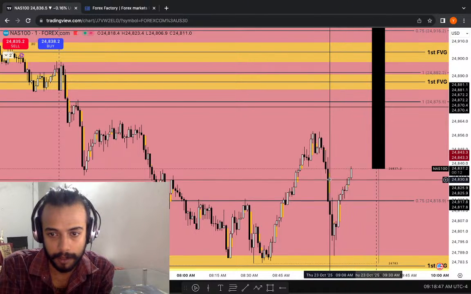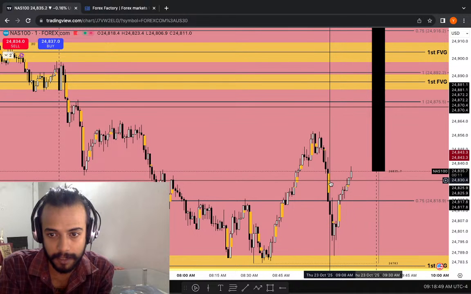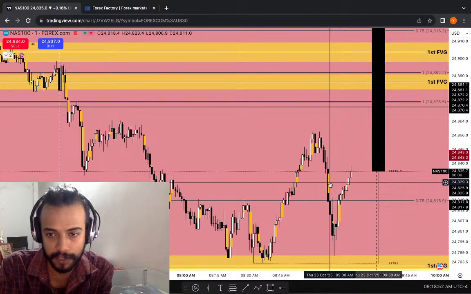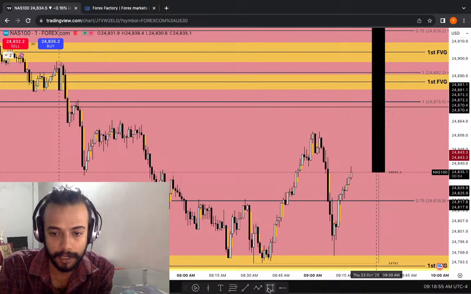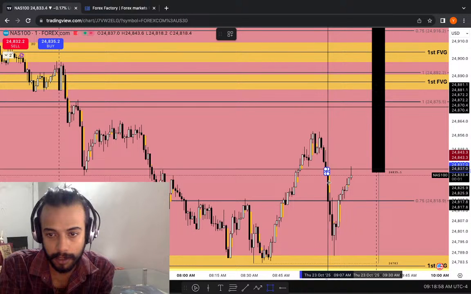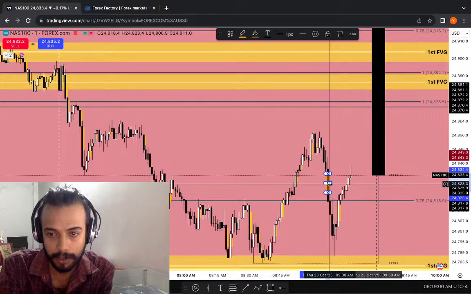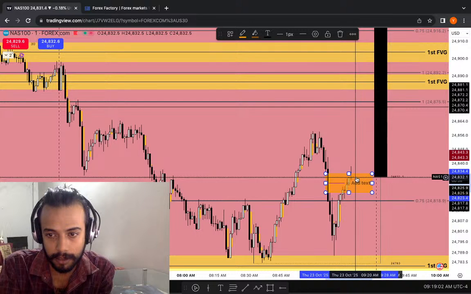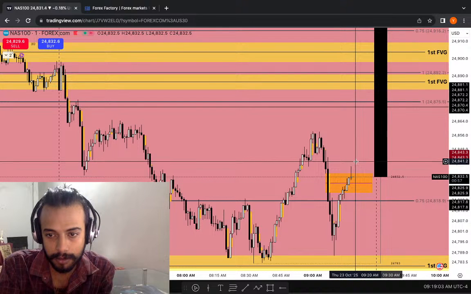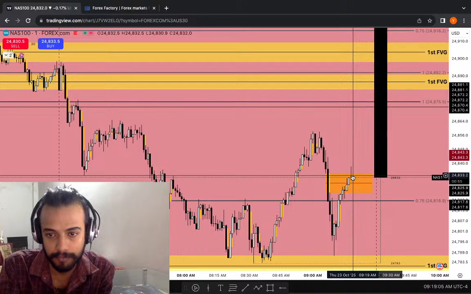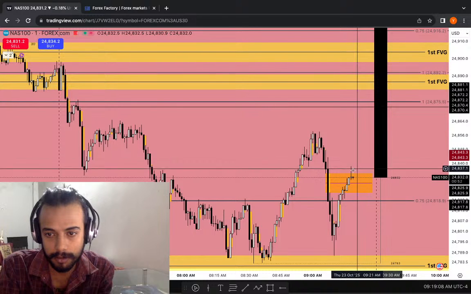And this gap, which is a CB, which is a sell side imbalance, buy side inefficiency, but now I am looking for it to act as the inversion. Okay, this should, I don't like that close on that, should close somewhere here.